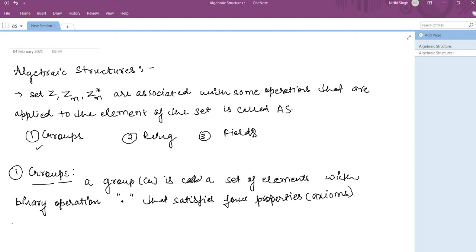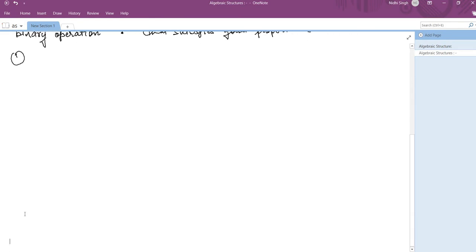The first property is called closure. What is closure basically?